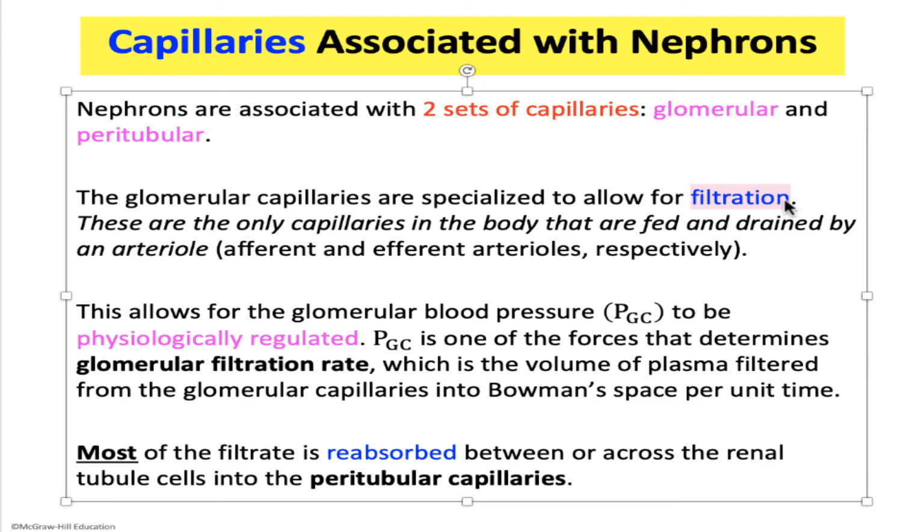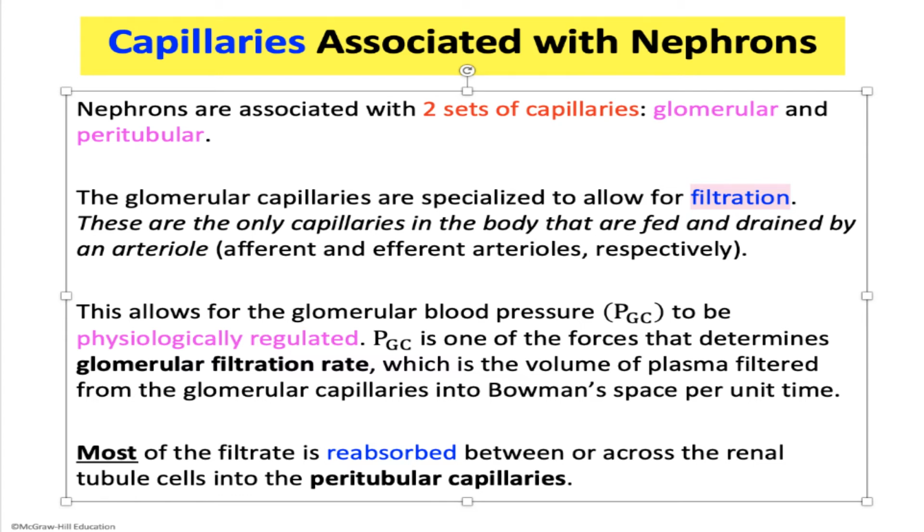The amount of filtrate produced can be directly influenced by both the local blood pressure and the overall blood pressure of the circulatory system. With respect to the local blood pressure, each arteriole that enters and leaves the glomerulus has smooth muscle, and that smooth muscle can be contracted to reduce the diameter of the capillary, therefore reducing flow.